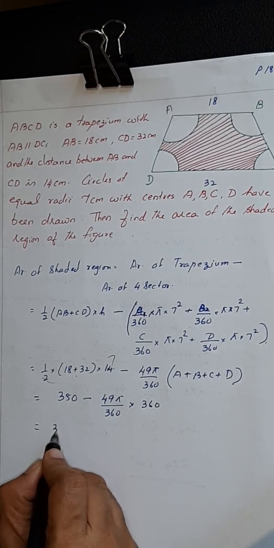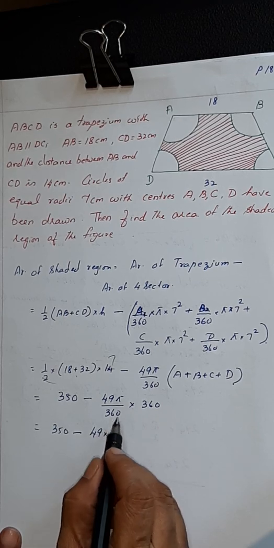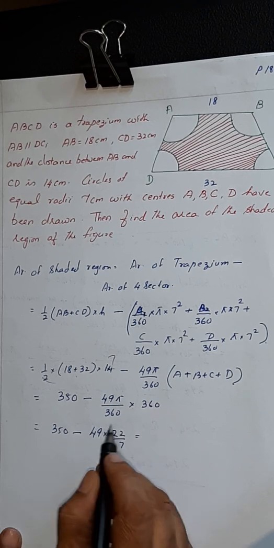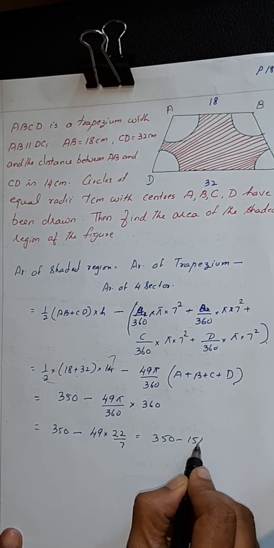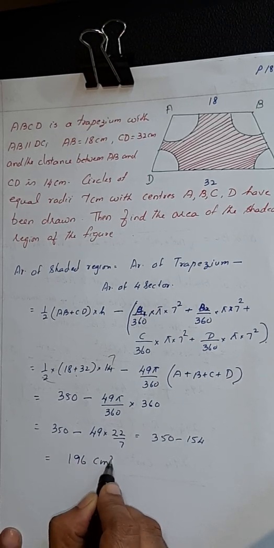So you are left with 350 minus 49, pi is 22 by 7, the 7 goes, so it is 350 minus 154, so that is equal to 196 centimeter squared.